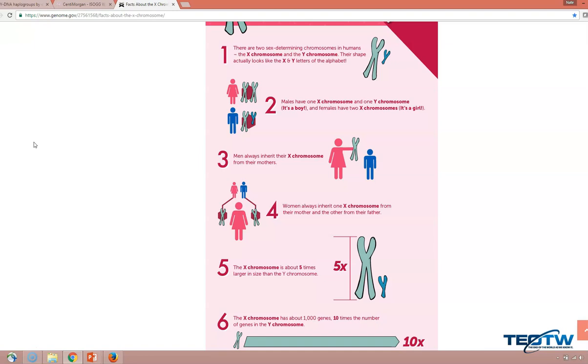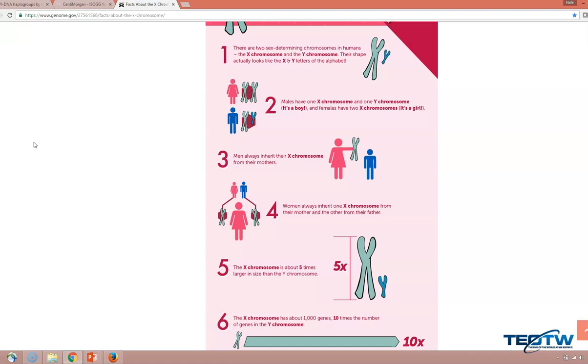Men always inherit their X chromosome from their mother. Women inherit one X chromosome from their mother and the other from their father. So the women get the X from the father and the mother. The male gets his X from the mother, but the Y from the father. So this is a chromosomal pair, right?